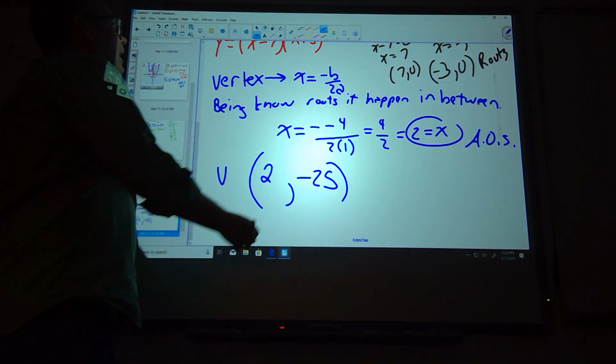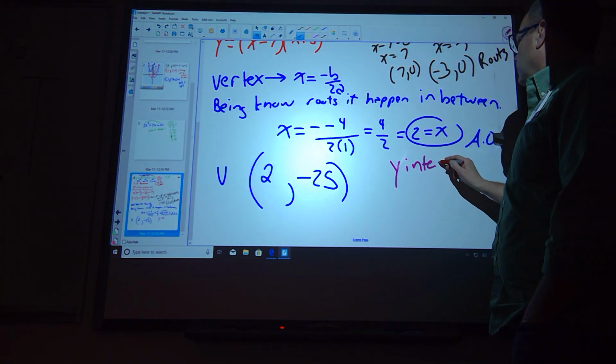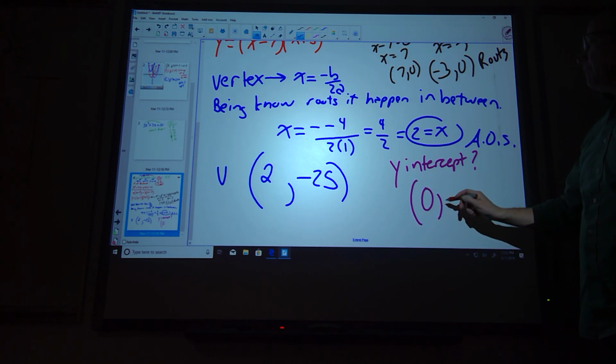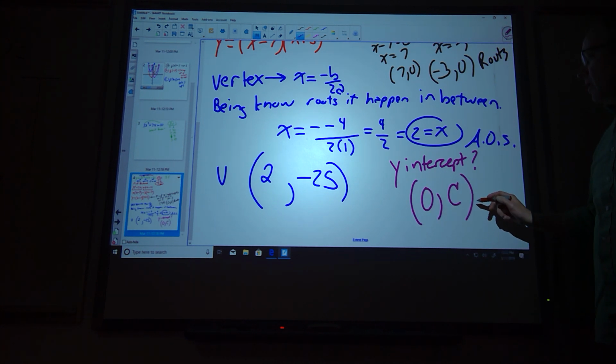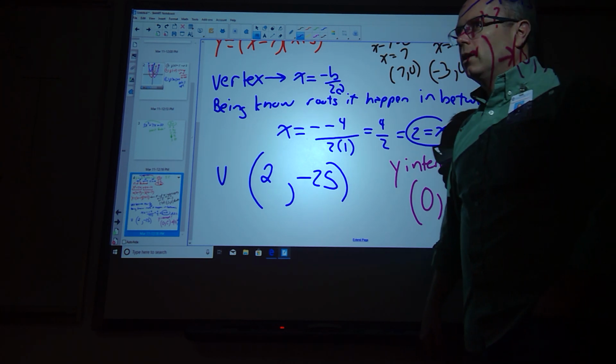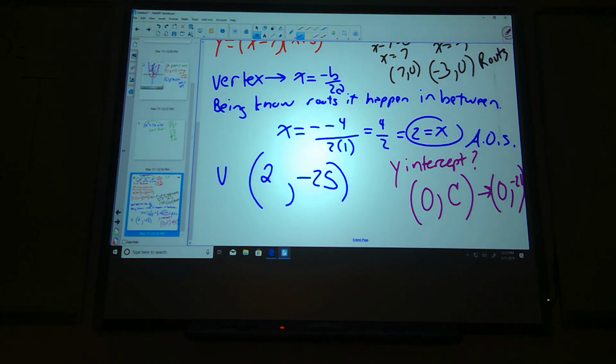Ooh, then the last step is, hey, what is the y-intercept? So that's 0, comma c. Okay, so my c value is what? Negative 21. Sweet. Wait, how did you find the y-intercept? So y-intercept is always 0, comma c.